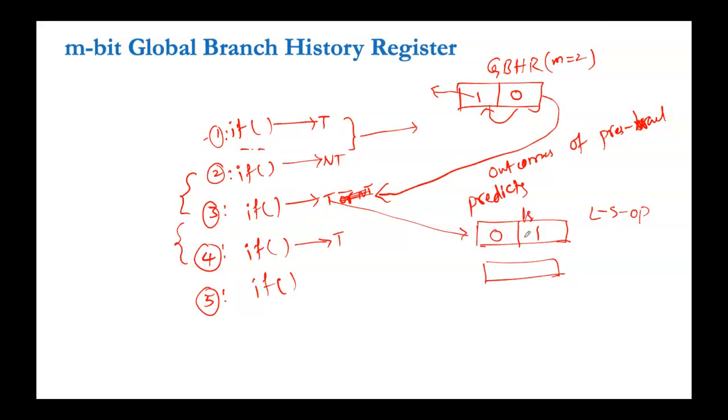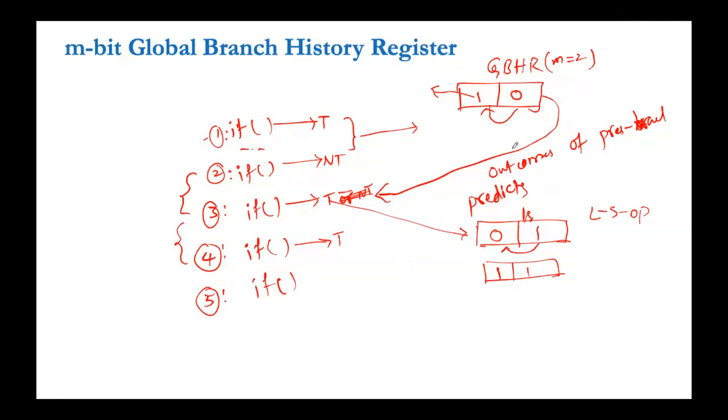This one moves to this position, and if it is also taken, then that 1 comes into this one. So this is the way of implementing the m-bit global branch history register.